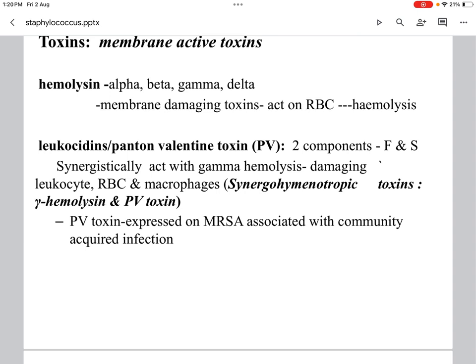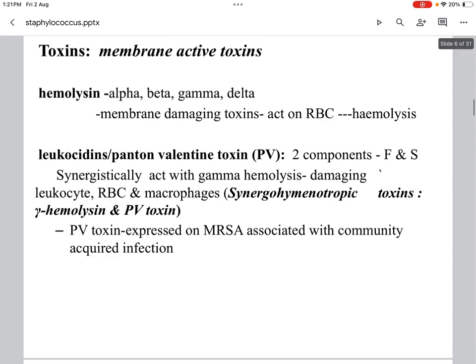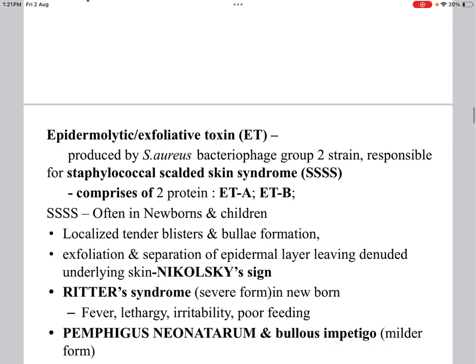So the toxins include hemolysins and leucocidins. Hemolysins are of three types: alpha, beta and gamma. Leucocidin is the toxin that is responsible for lysing the leukocytes, RBC and macrophages.